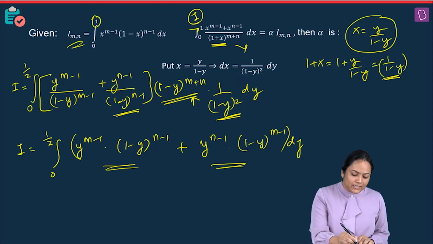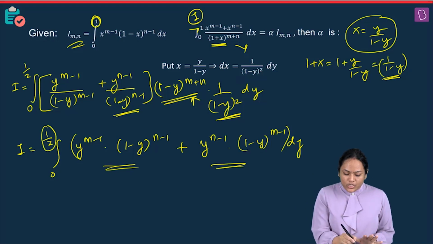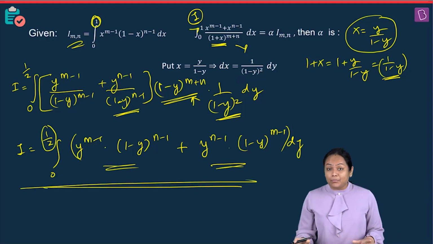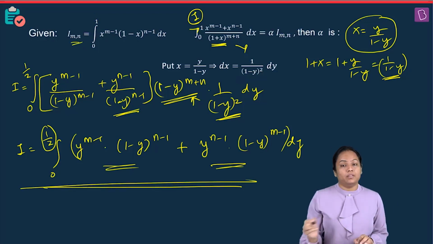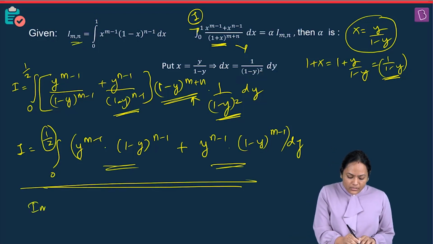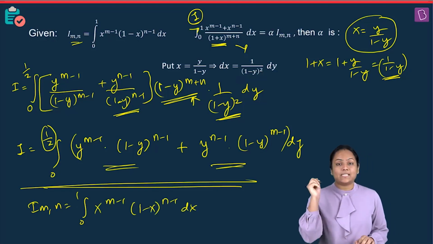My I mn has the upper limit as 1 while my I has the upper limit as half. So what I am going to do is, I'm not touching my I for the time being. I will try to simplify my I mn. So my I mn is given to me as 0 to 1, x raised to m minus 1, 1 minus x raised to n minus 1 dx.